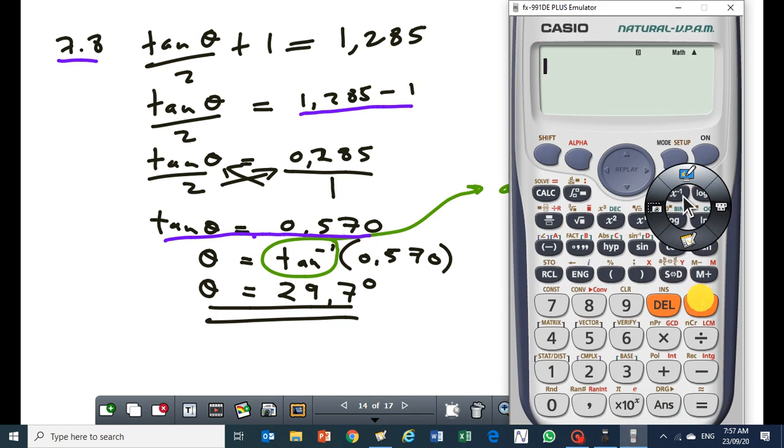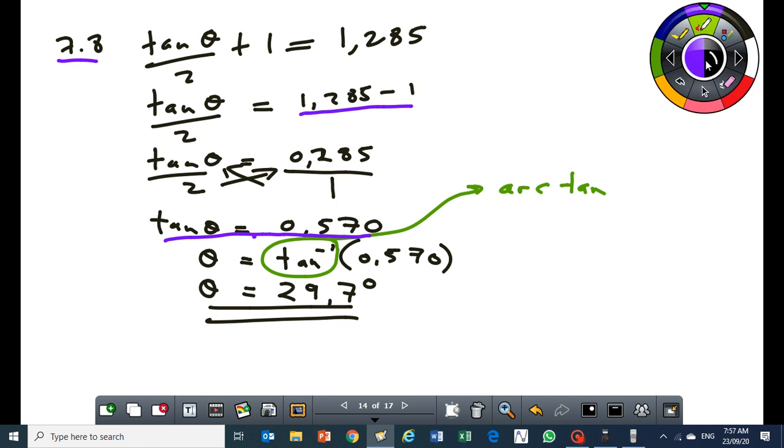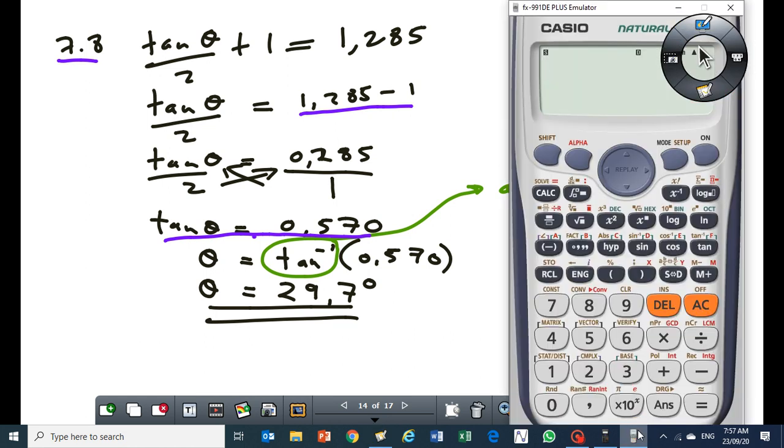So we press shift and then tan, then 0.57. There's no need to put the 0. So you get 29.7 degrees. The answer is an angle.